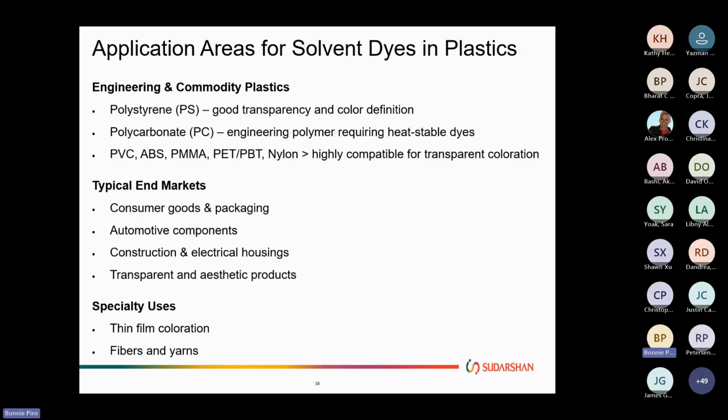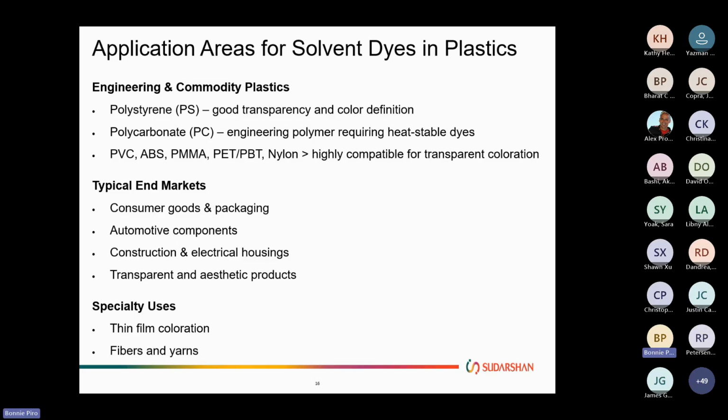Some application areas that typically can use solvent dyes, if you so choose, are engineering and commodity plastics. I spoke about those earlier. Polystyrene, polycarbonate. These are key ones where good transparency is key to the end product, and to how it's received in the industry, or basically by you and me as we move down the shelves and pick our products.